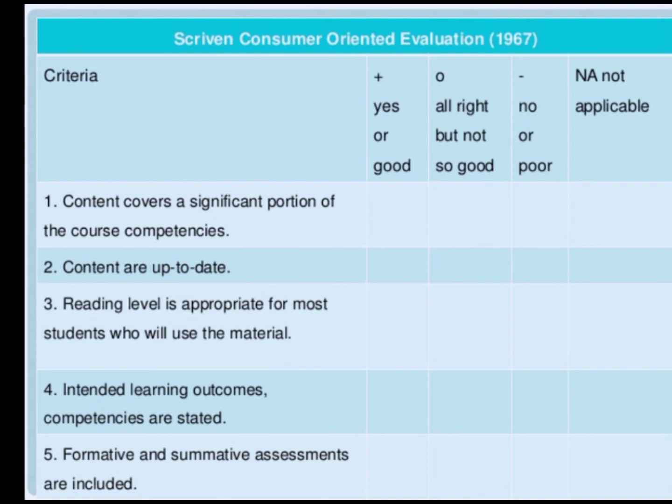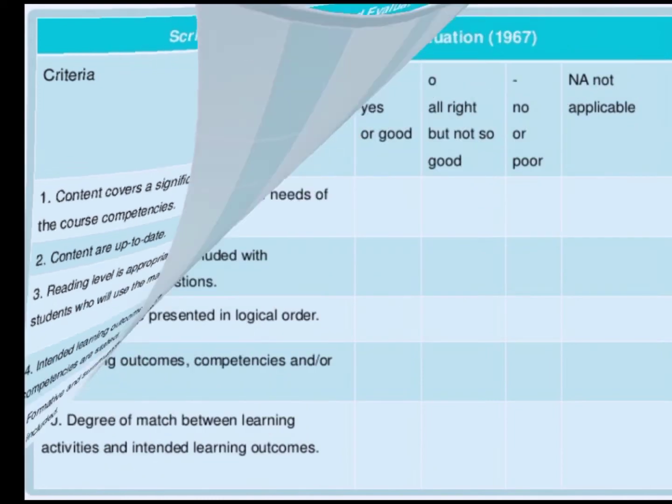C means acceptable but not of good quality, N means no or poor quality, and NA means not applicable. So these are the example of Scriven's consumer-oriented evaluation.